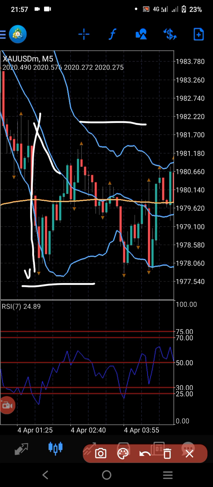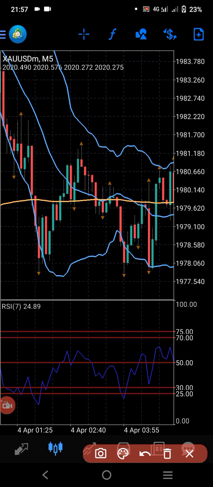How we make use of this Bollinger Band is that when the market is trending, it will trend alongside the Bollinger Band, whether up or down. Now this market trended down to this point, and we have a shadow of this candlestick that trended outside the Bollinger Band.